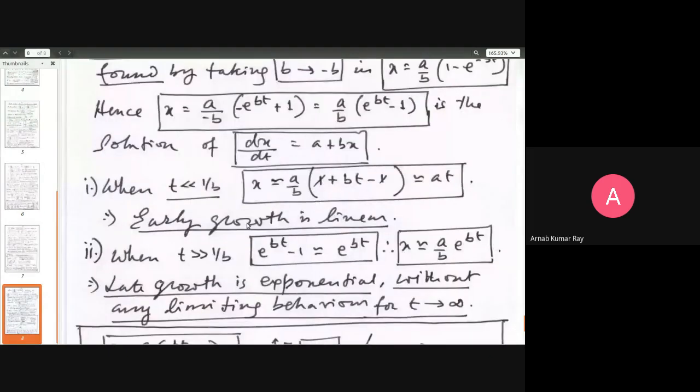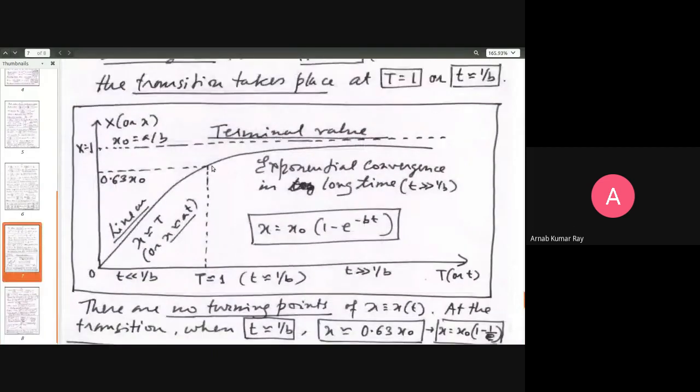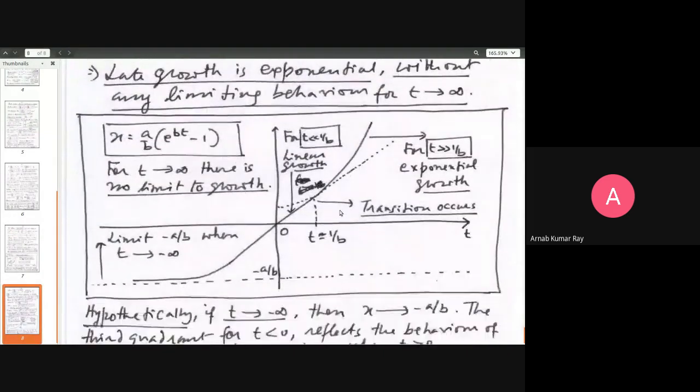Early growth will be linear till 1 by b, and thereafter you will have an exponential growth without any limiting behavior. This is the point where the transition from the linear to the exponential growth phase will occur. This is exponential growth, whereas this is exponential convergence or exponential saturation. Saturation meaning you can't grow beyond the point, right?